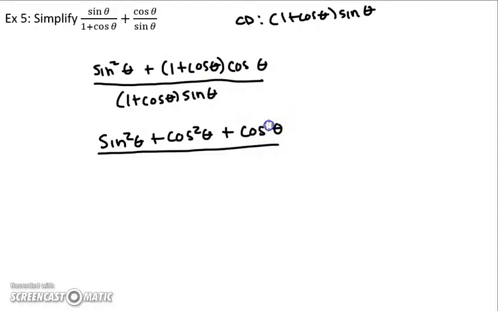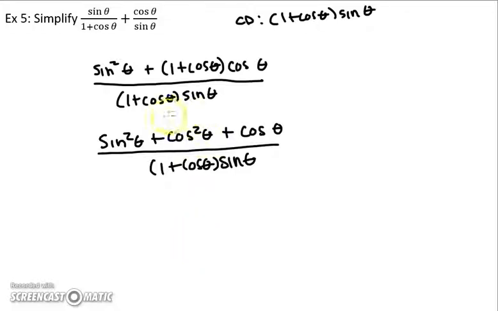So distributing the cosine through, cosine times 1 would give us this cosine here, and cosine times cosine will give us cosine squared. So we're going to end up with sine squared theta plus cosine theta plus cosine squared theta, and that's still going to be over 1 plus cosine of theta times sine of theta.